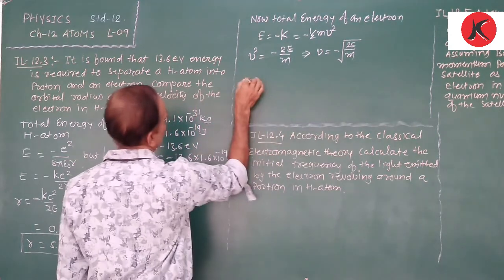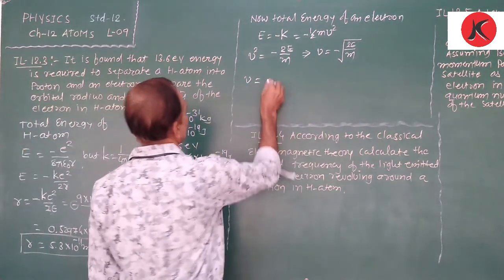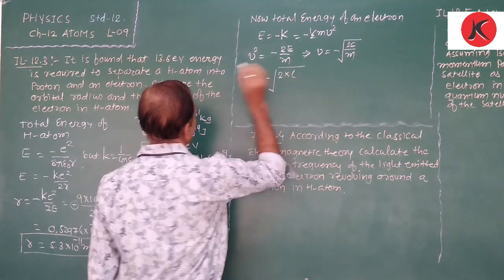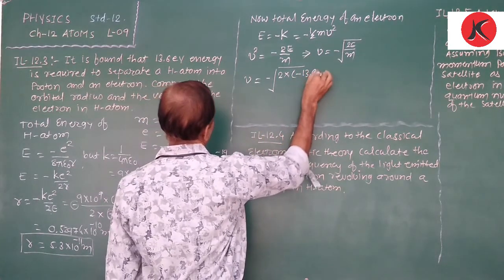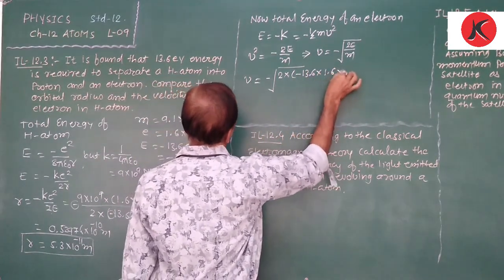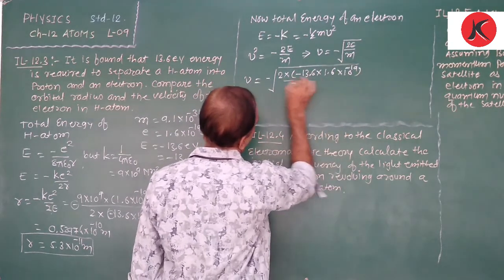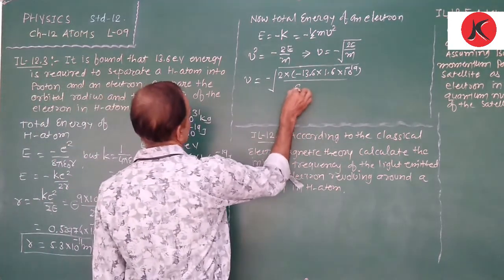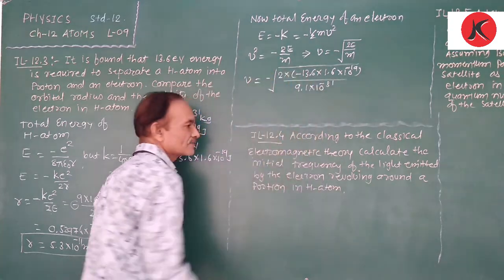So we obtain the velocity of an electron v is equal to under root of minus 2E upon m. Therefore, the velocity of an electron in the hydrogen atom, v is equal to under root of 2 into minus 13.6 into 1.6 into 10 raised to minus 19 joules upon the mass of an electron, 9.1 into 10 raised to minus 31 kg.